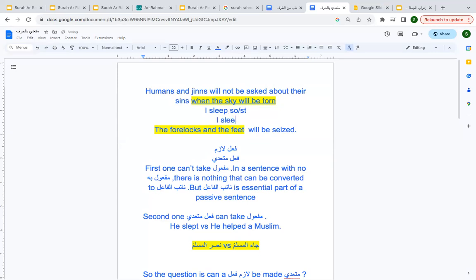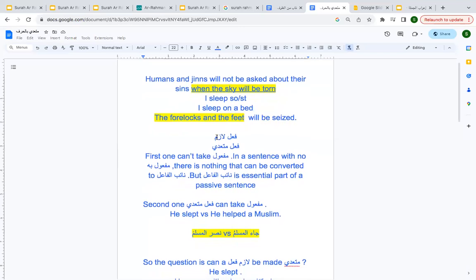But if I say I sleep on a bed, the bed is an object now. Yes or no? But what did I have to do? I have to add a preposition, right? Are you all understanding that I have added a preposition for it to have an object? Similarly, in Arabic, af'al that are lazim, that cannot take maf'ulun bihi, are made to take maf'ulun bihi by addition of preposition.